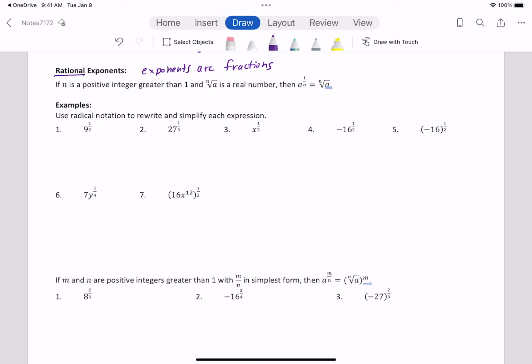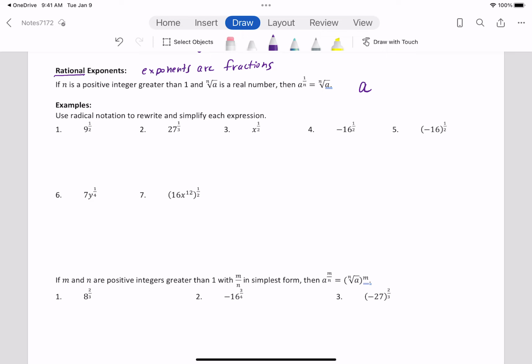But if n is a positive integer that's greater than 1, and the nth root of a is a real number, then a to the 1 over n is equal to the nth root of a.